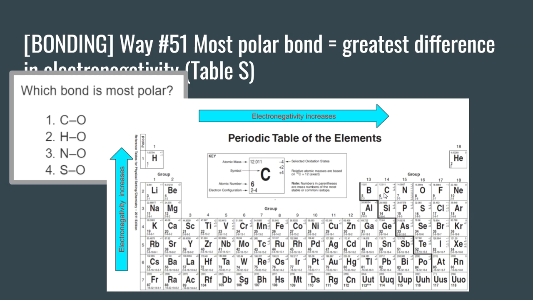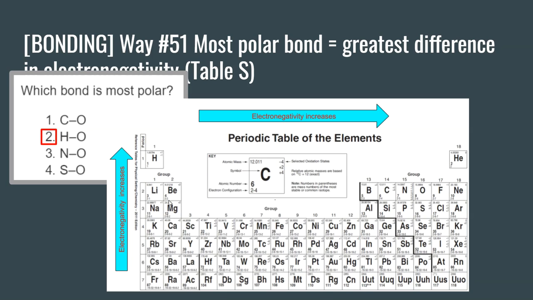Note that carbon is here, hydrogen is all the way to the left and the top left, nitrogen is here, and sulfur is at the bottom. So note that the distance between oxygen on the periodic table and hydrogen is the greatest. So oxygen would be the most electronegative atom in this case, and hydrogen would be the least electronegative atom, primarily because it's more toward the left. So your answer should be 2.